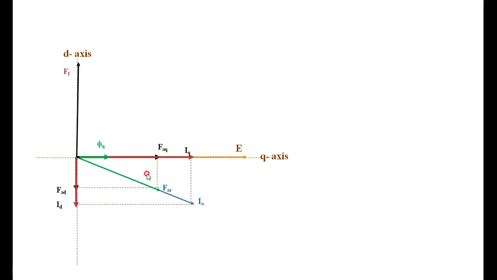Because of FAD and FAQ, I have got phi D and phi Q. This is how we represent and explain the two reaction theory. Because of phi D and phi Q, we have EAD and EAQ, and then we find XAD equal to EAD divided by ID, whereas XAQ we get from EAQ divided by IQ. So that I am getting XAD and XAQ.